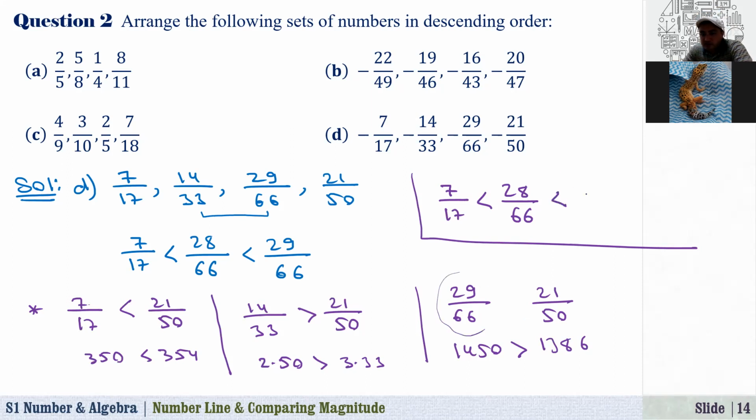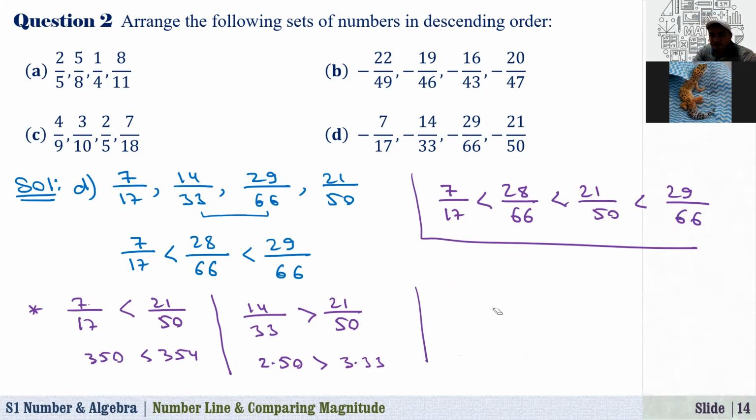So here we have 28 over 66 less than 21 over 50, less than 29 over 66. Now from here, we can just write the final answer, right? Because they have minus signs. So we just write in red. It says in descending order from the greatest to the smallest.